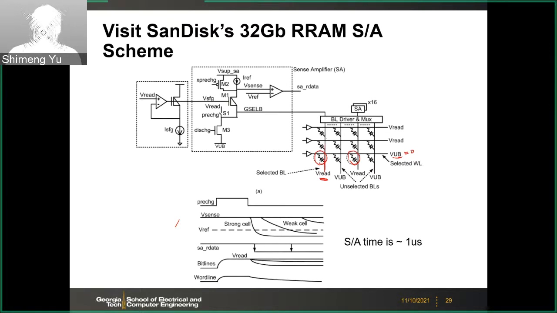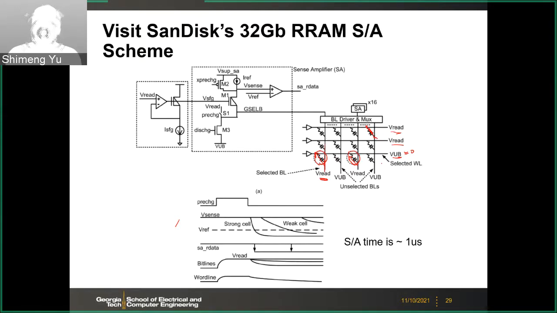So then there will be current flow on those selected cells. And then for the other unselected word lines, we have to bias to be V read, to try to minimize the current through those unselected cells because both ends will be V read.